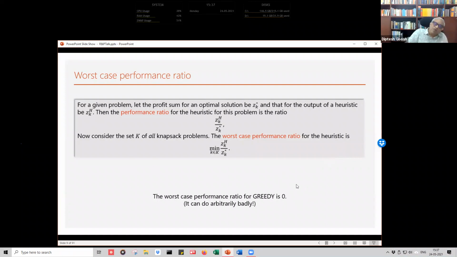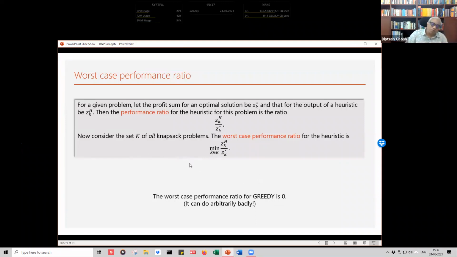The other way to evaluate how good or bad a heuristic is, is to take an average case performance ratio, where you would find the expected value of ZHK over ZK star over all knapsack problems. For that, you would have to make assumptions about the data from which this set of knapsack problems comes, and your results would be based on the assumptions of that data.